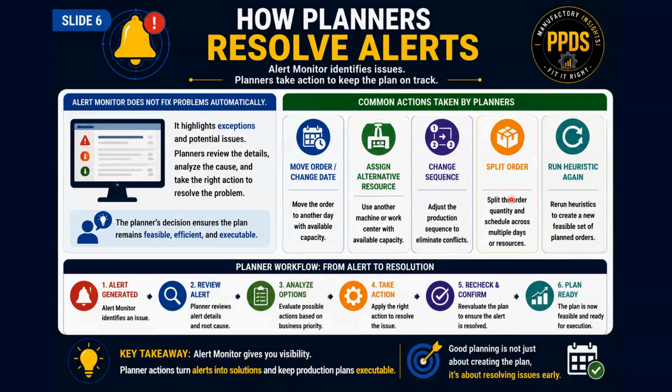So instead of a single order, multiple orders can be generated by splitting the order, or else the heuristics can be run once again so that it will generate a feasible set of planned orders. Every company follows its own planning strategy, but Alert Monitor provides visibility before execution begins.